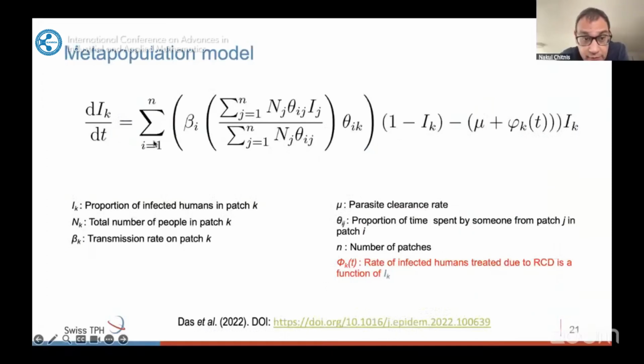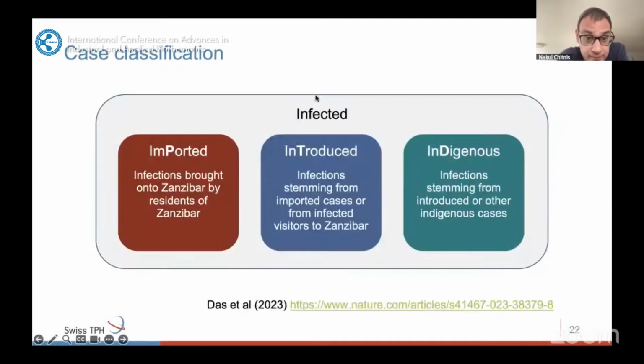One is summing over where the person is and where other people are in that place. So a person from Pemba on Pemba can get infected from visitors to Pemba, from the mainland or Unguja, or from residents of Pemba. They can get infected in Unguja from residents of Unguja or other visitors to Unguja. So we sum over all of these.